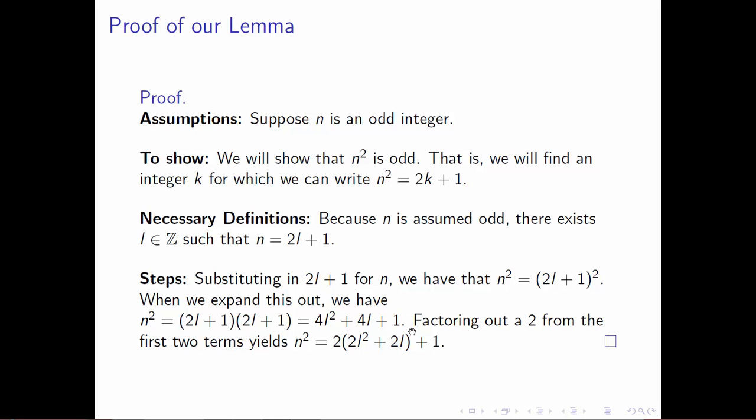So I think this is perhaps the hardest part for people to swallow: what I want to do is go from n squared being written as 4l squared plus 4l plus 1 to writing it in the form that I needed from my to-show statement: 2 times this quantity here plus 1.